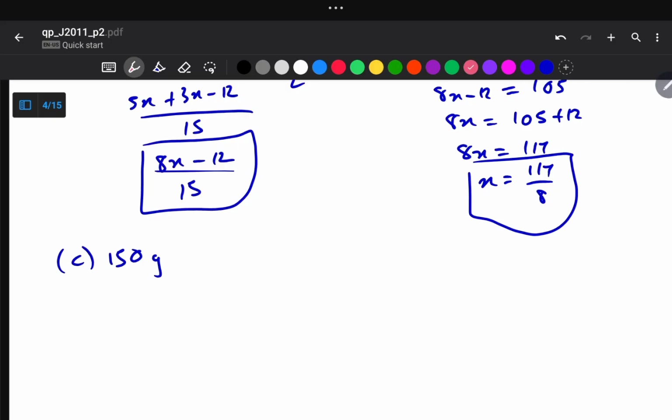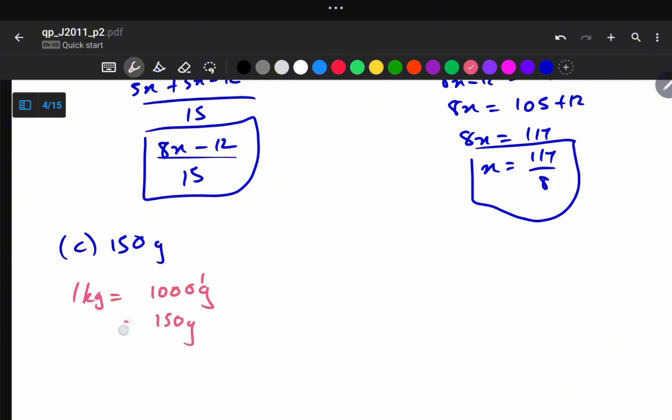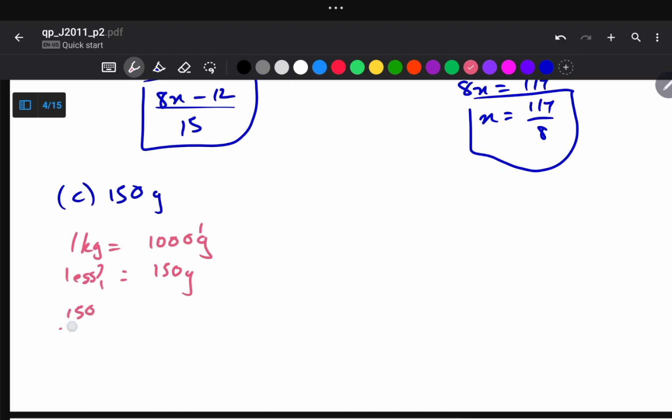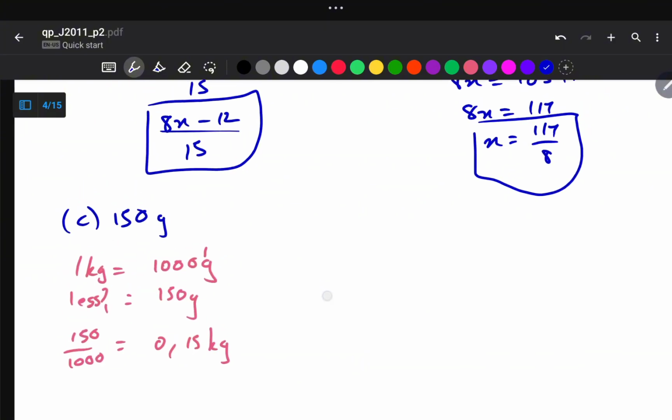So 1 kg is equal to 1000 grams. Therefore 150 grams is equal to, you can now say, 150 divided by 1000 kg. So this gives us 0.15 kg. So for us to calculate 0.15 kg as a percentage of 3 kg, you can now say it is 0.15 divided by 3, times 100.